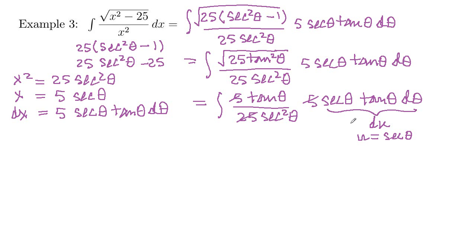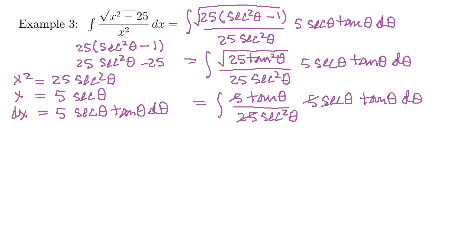So if we do that, then let's see, this would be u squared, and then the tangent is going to be square root secant squared minus 1, square root u squared. No, that's not going to help us. So I think we might have to take a different approach here. So we don't want to use u equals secant.